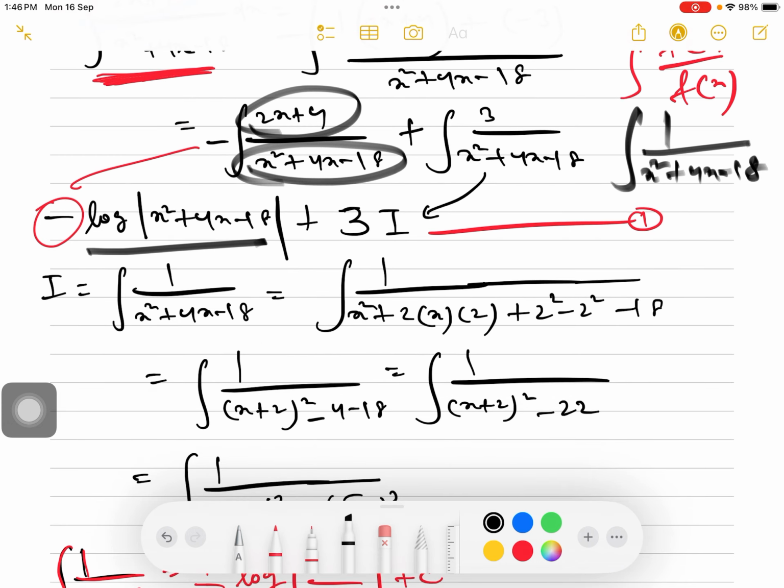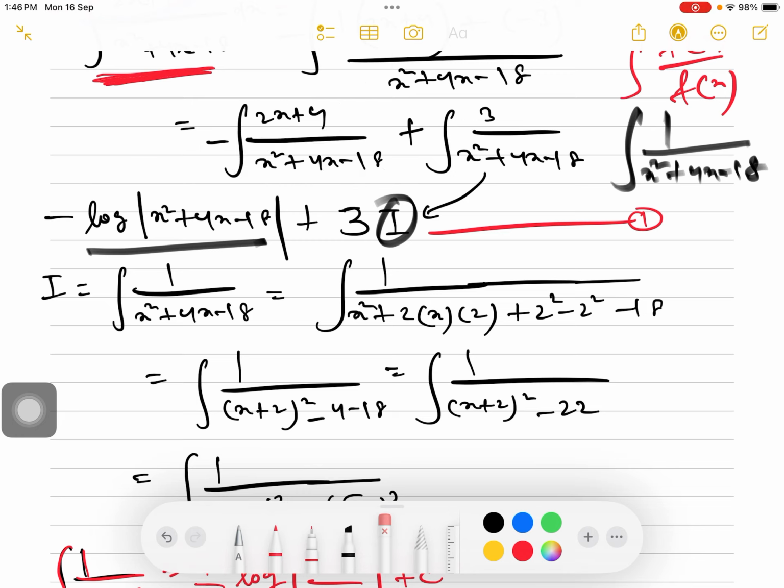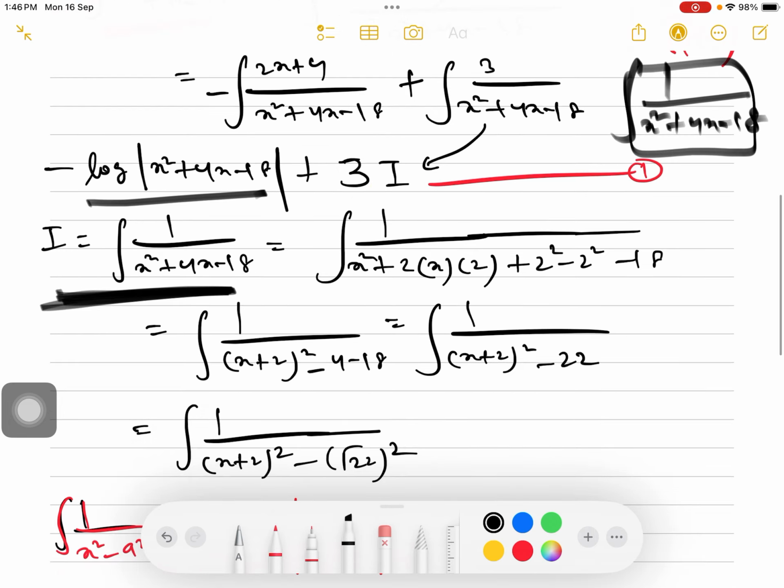This thing I have taken as I, because this will also take so many steps for solving this integration part. So 3 I took common, and this part, 1 by x square plus 4x minus 18, I have taken as I, so that I can solve my I separately. So this I equals integration of 1 by x square plus 4x minus 18.